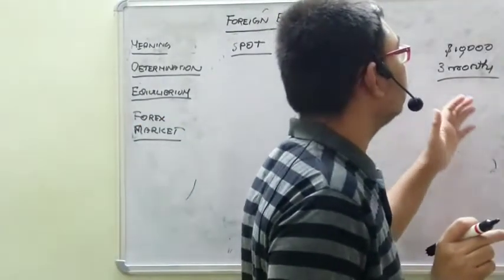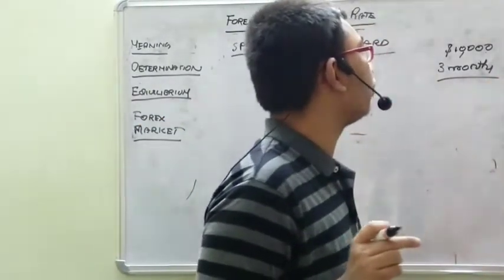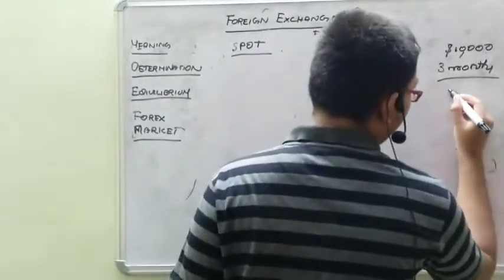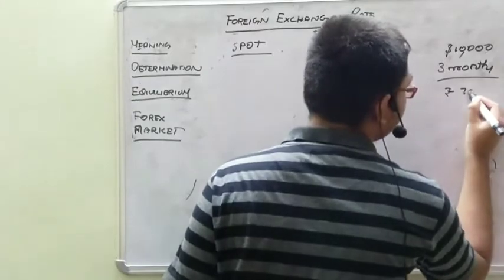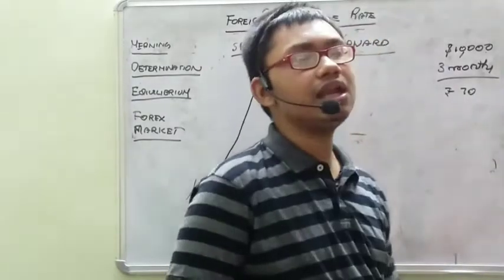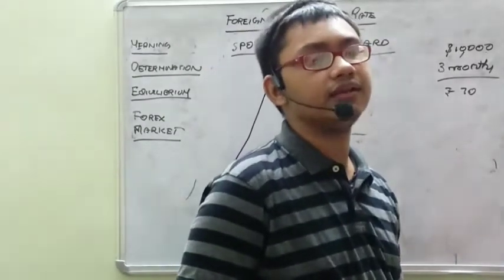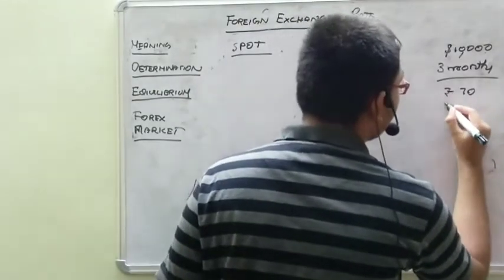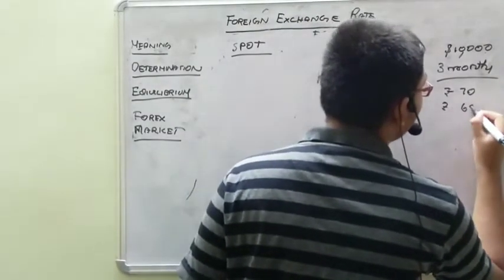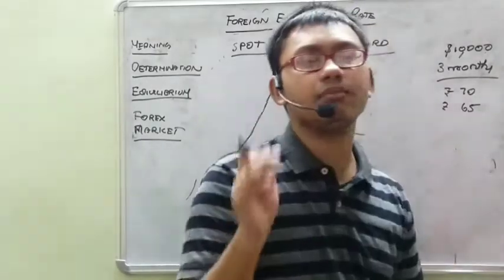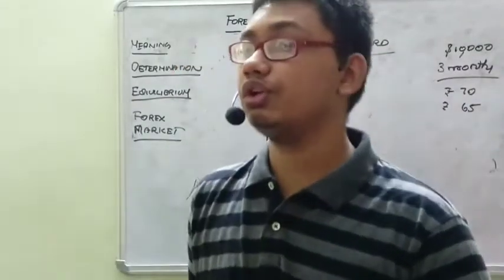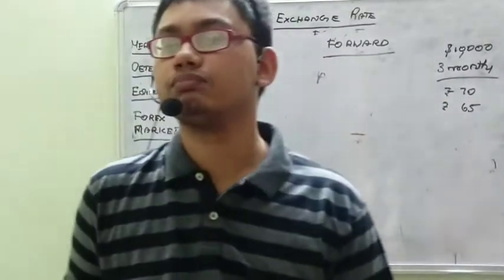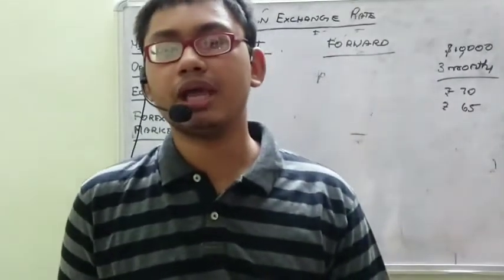But there is a small problem in forwards. Suppose today the value of the dollar is rupees 70. The seller will be afraid that he might lose money. If the value of the dollar drops to rupees 65 after 3 months, this person is going to lose 5 rupees per dollar.